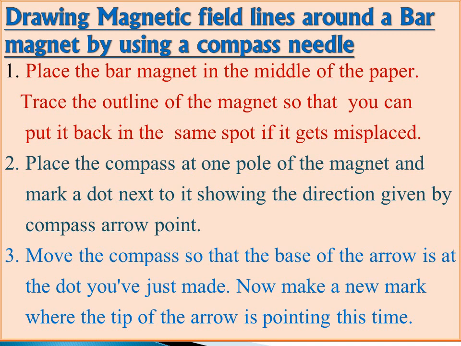Place the compass at one pole of the magnet and mark a dot in the direction shown by the compass arrow point. Move the compass so that the base of the arrow is at the dot you have just made. Now, make a new mark where the tip of the arrow is pointing this time.